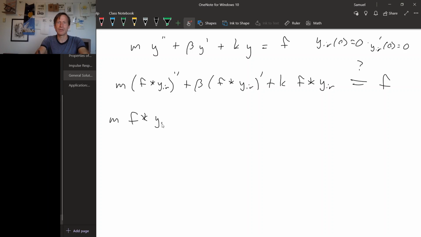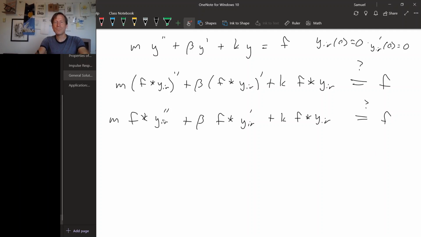We get m times f convolved with the second derivative of the impulse response, plus beta times f convolved with the first derivative of the impulse response, plus k times f convolved with the impulse response. And again, we want to know, is this equal to f?